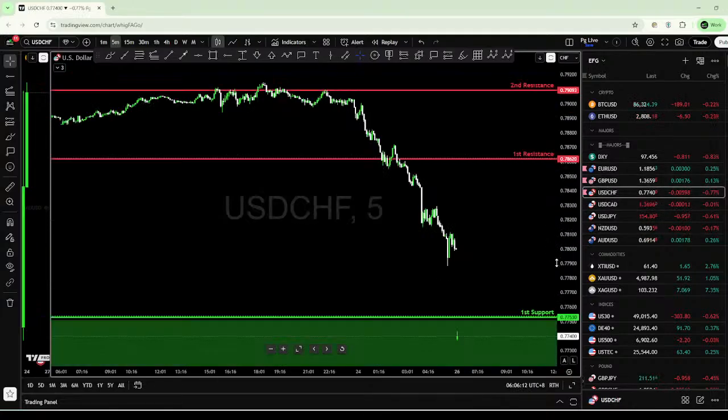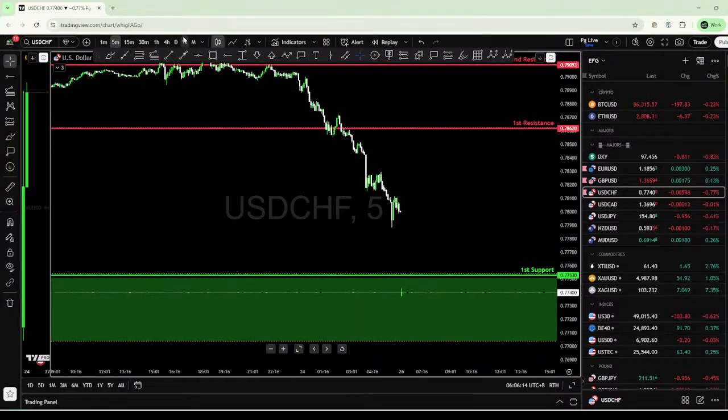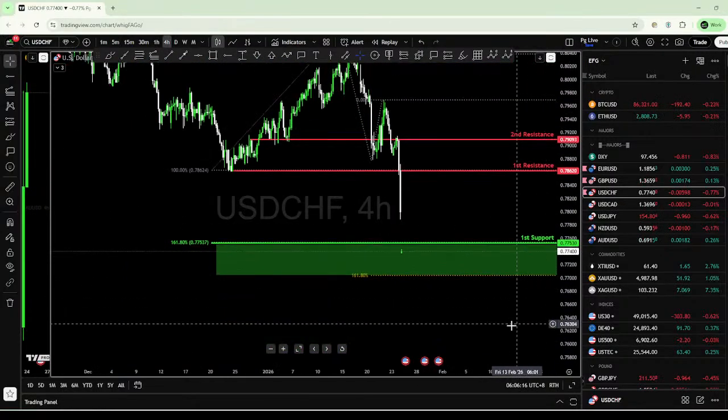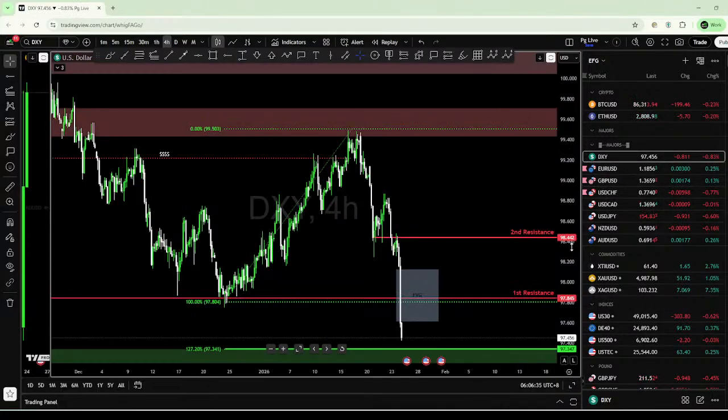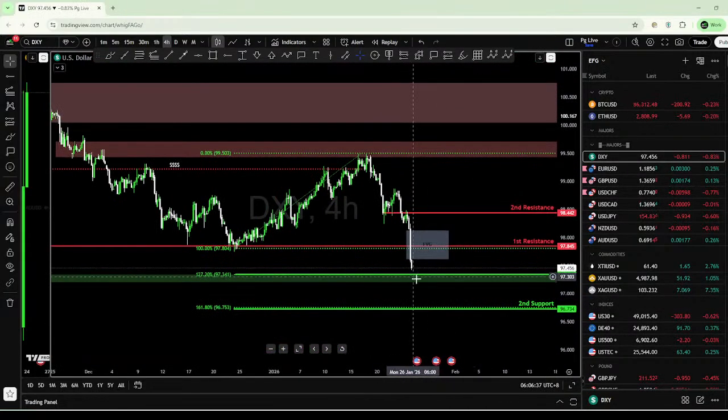Okay, so we have to keep an eye on this, but because the market just opened, you let it go first, or you wait until the Tokyo session opens, and then we're gonna see again how the level is, or whether they're gonna respect this or not. Okay, but basically I think dollar hasn't reached the support level yet. At least here or at the extension 161.8.